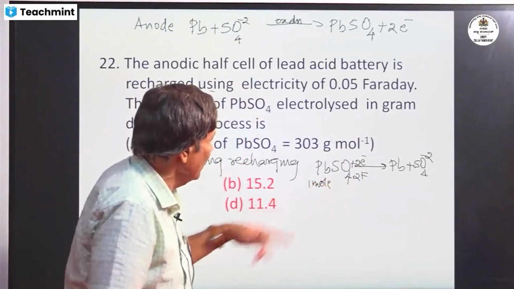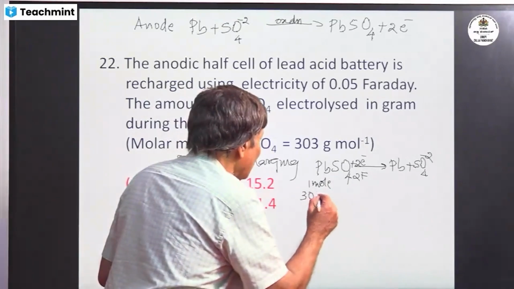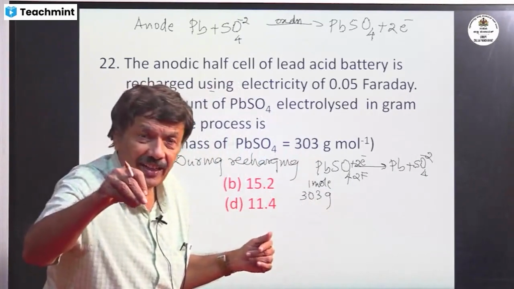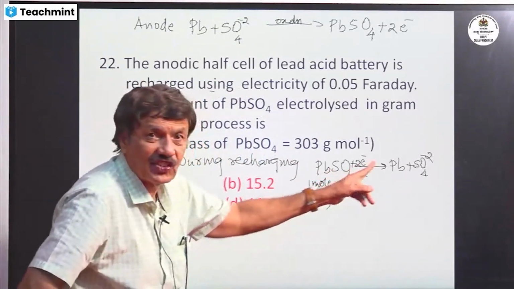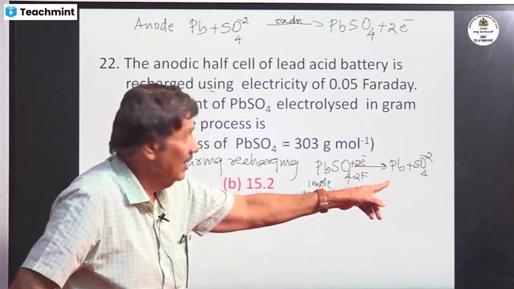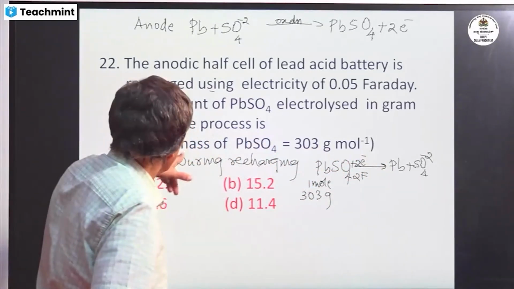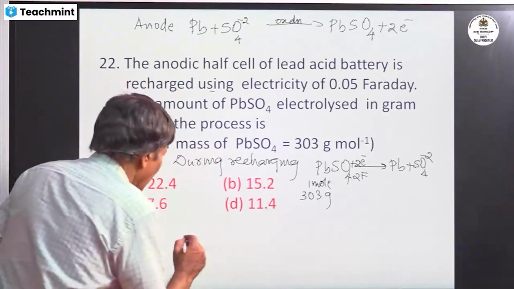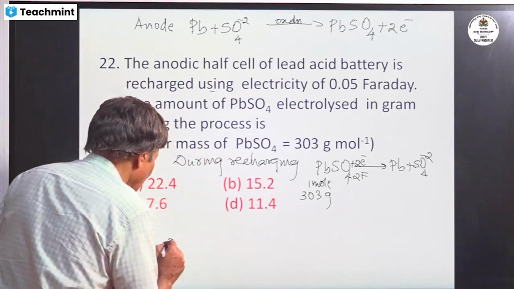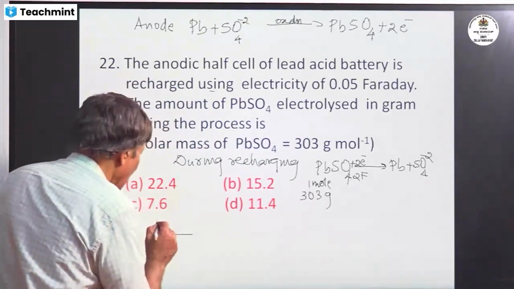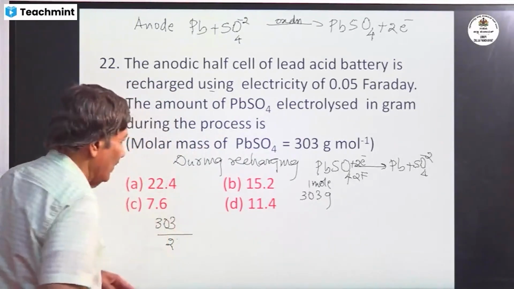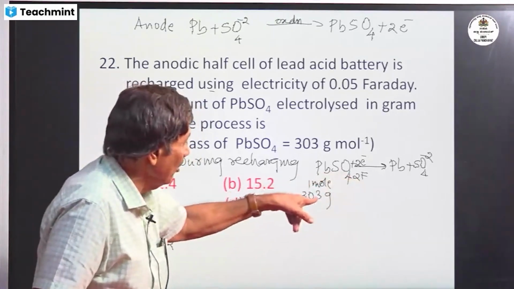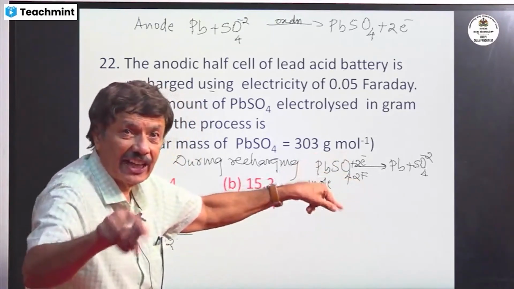1 mole is how much? 303 grams. They are given 303 grams. So for 2 Faraday, 303 grams of lead sulfate is electrolyzed. Therefore, for how much they are given? 0.05 Faraday.